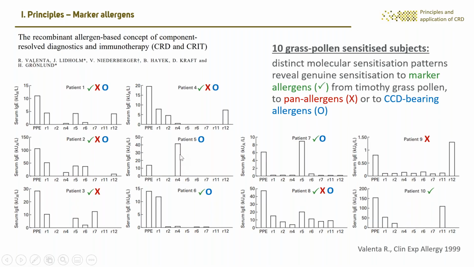This is a marker of reactivity to CCDs, because Phl p 4 is clinically completely irrelevant, but it can give rise to a strong reaction in IgE measurement. You see, this patient had around 15 units of IgE when using an allergen extract, but in fact, this patient does not have any clinically relevant sensitization to timothy grass.